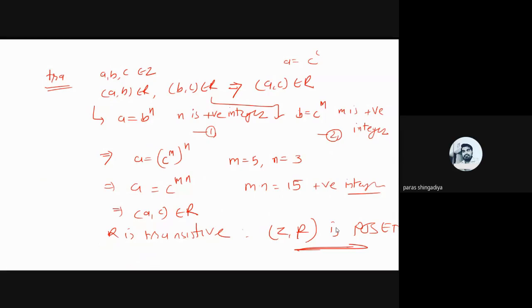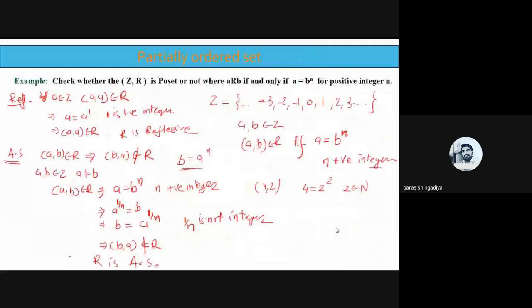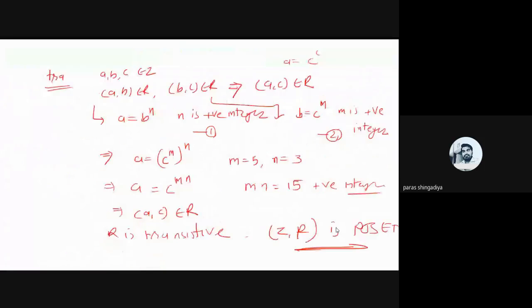Okay, is there any doubt in this question? The solution is not mentioned in this PPT, and when we upload it to your login ID, the solution will not be there. So just take a screenshot of this solution, how we can solve it, on your mobile or laptop. Otherwise, write down the main points in your book, and this is for your reference on how we can prove it. So the first condition is reflexive, then the second is anti-symmetric, and then the third is transitive.